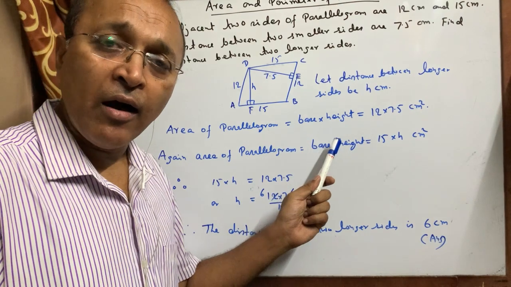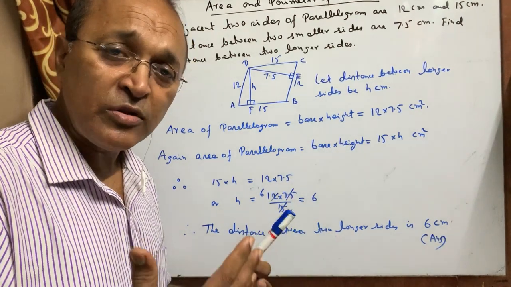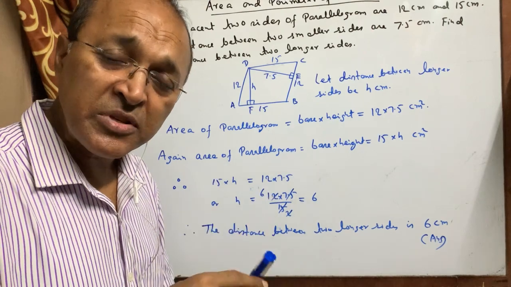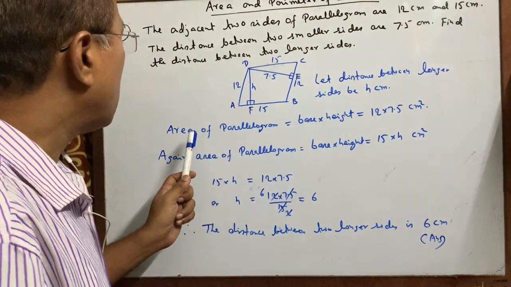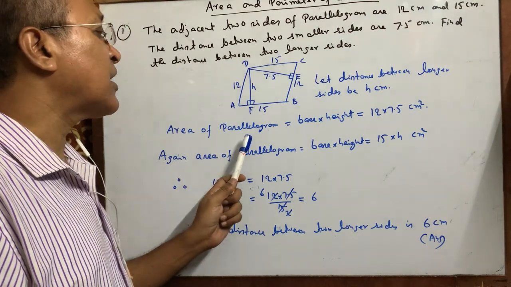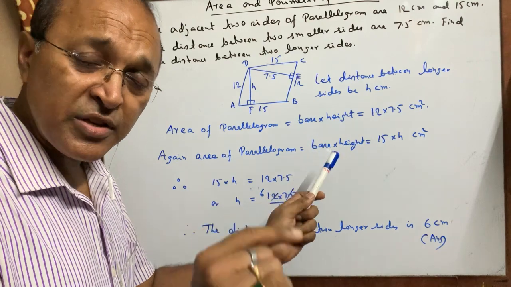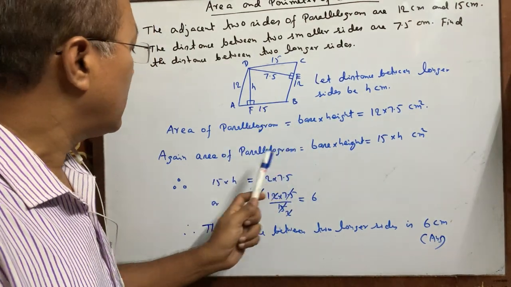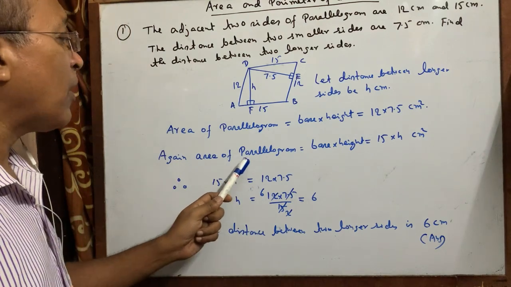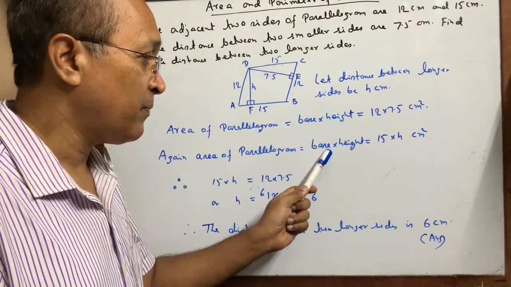After getting the area in two ways, we can equate them because ultimately the parallelogram is the same. So here area of parallelogram is equal to base into height, where base is being considered as the smallest side, and here area of parallelogram is equal to base into height, where base is being considered as the longest side.